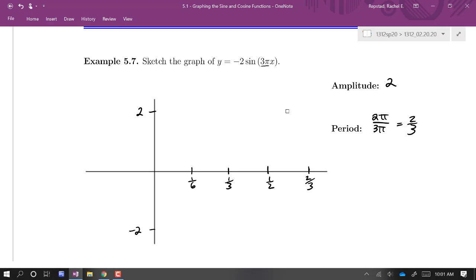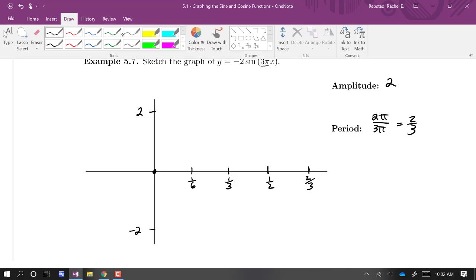Where does the sine function start? Zero. At 0. And from here, where do we go? Where are we going to be at 1/6? Maybe -2, because there's a reflection.